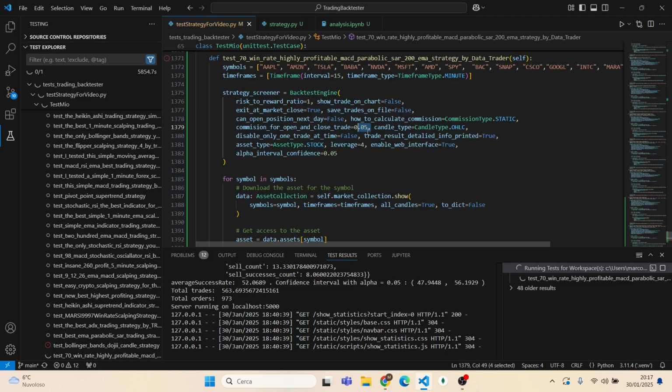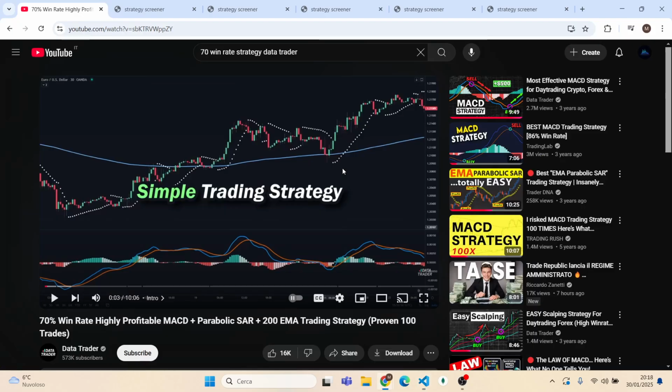Now I'm using a commission of 0.5% of the money risked for each trade. So if you're risking $10 for each trade, 0.5% would be $0.05.